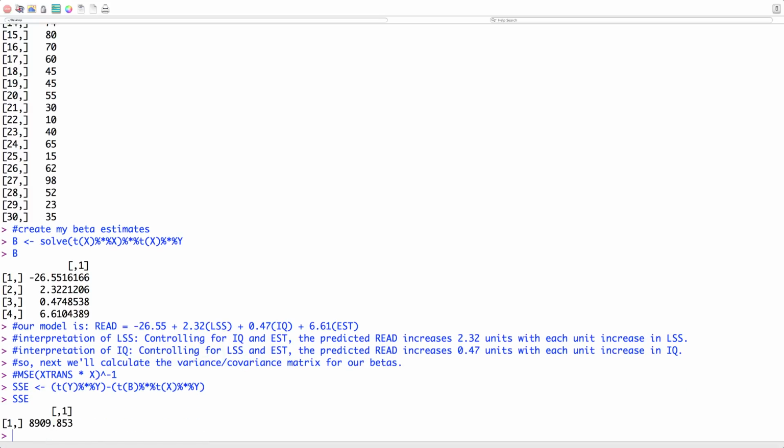So our sum of squares error is going to be 8909.853. Now guys, remember our mean square error is found by taking the sum of squares error divided by our degrees of freedom.